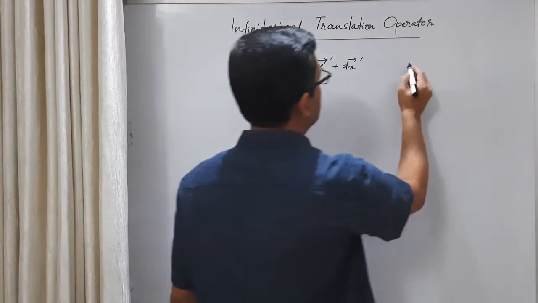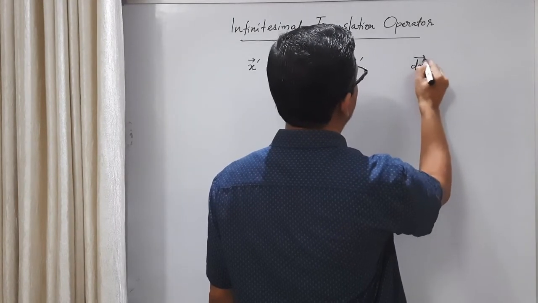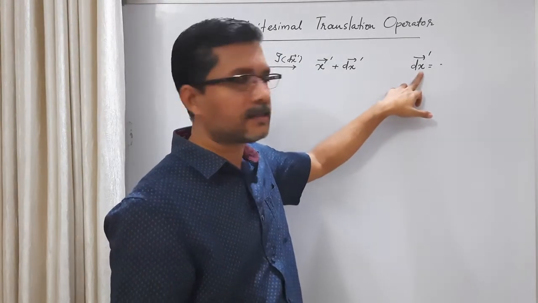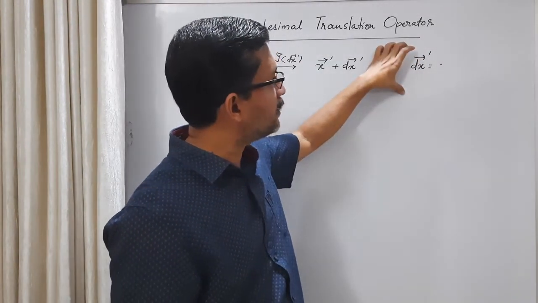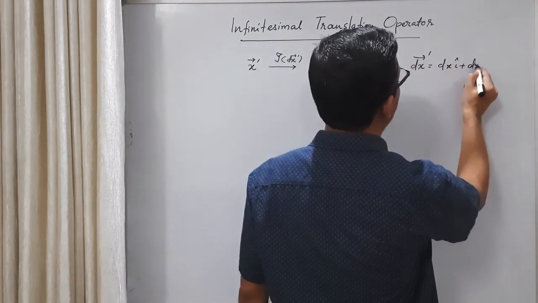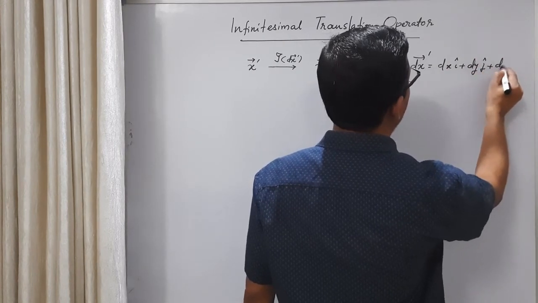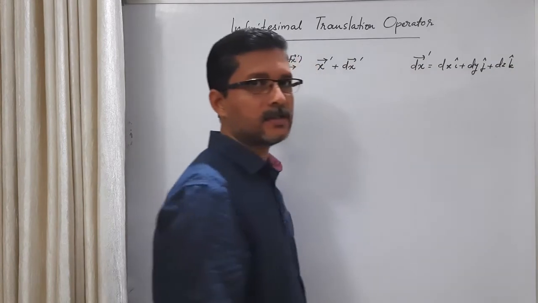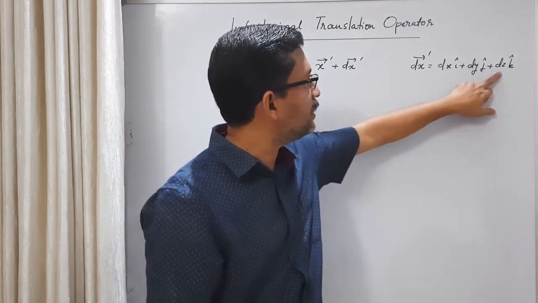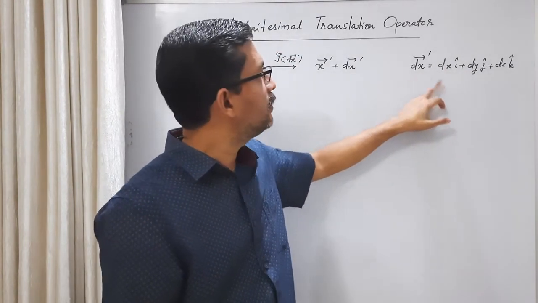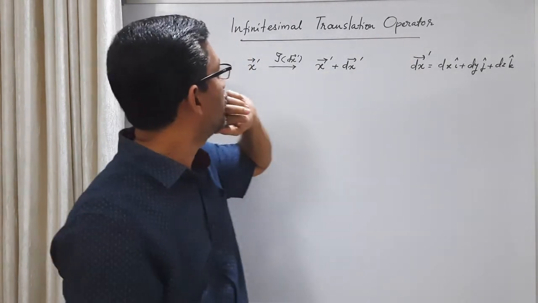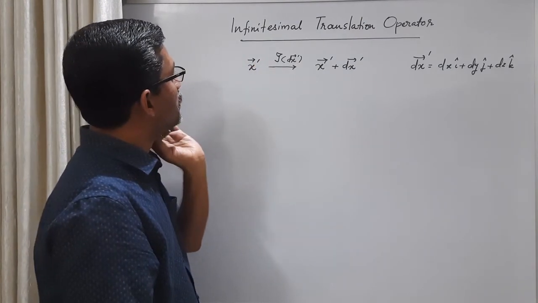We can say vector dx prime is equal to, remember it's a three-dimensional vector even though we are using this symbol x, so it has three components: dx along the i direction, dy along the j direction, dz along the k direction, if I am using Cartesian coordinates in three-dimensional physical space, where dx, dy, dz are scalars. So this is a three-dimensional infinitesimal translation vector, and this is our infinitesimal translation operator.